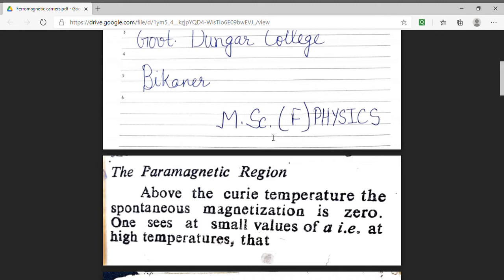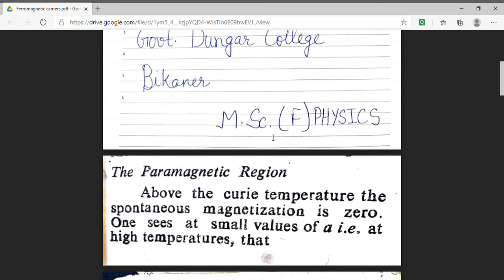That means, this is the Curie temperature, and above this Curie temperature the magnetization is 0 and the material changes to a paramagnetic material. Now in today's lecture we will derive the paramagnetic region. In this we will study the temperature variation of susceptibility in a paramagnetic region.